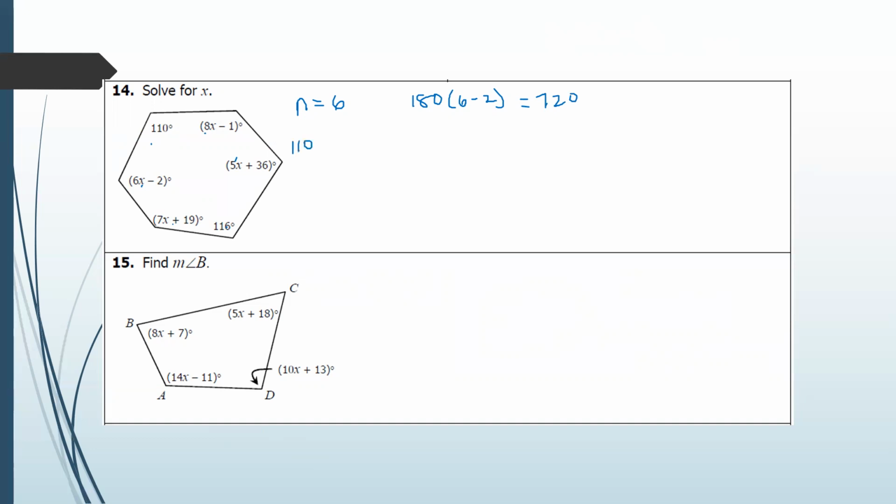We'll say 110 plus 8x minus 1 plus 5x plus 36 plus 116 plus 7x plus 19 plus 6x minus 2 equals 720. Now we just have an equation to solve. Combine all your like terms. Add all your x's together, you get 26x. Add all of your non-x's together, you get 278.